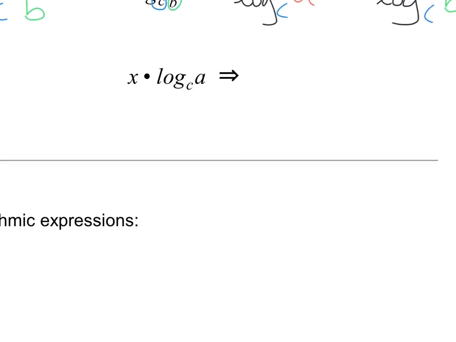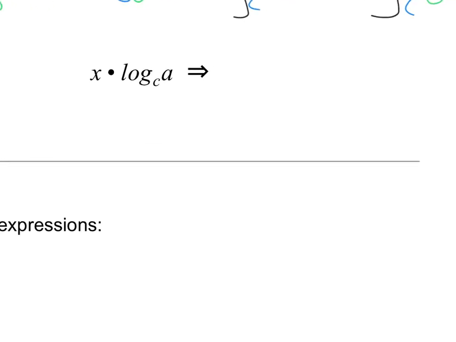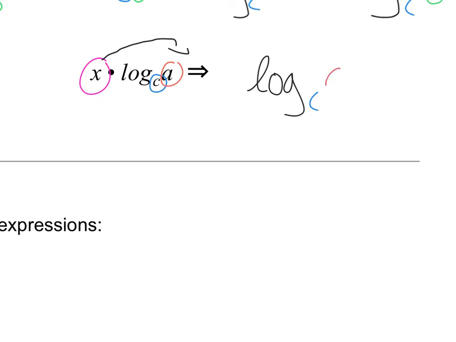Conversely, I can do the same thing going backwards. I can take x times log base c of a and bring the x up as an exponent, which simplifies to log base c of a to the x.